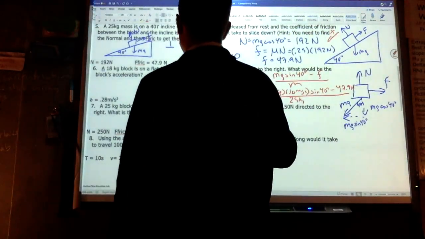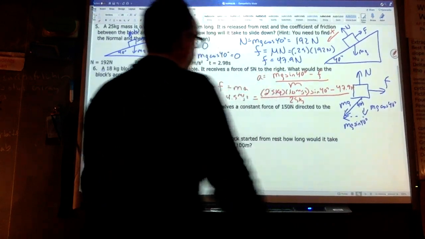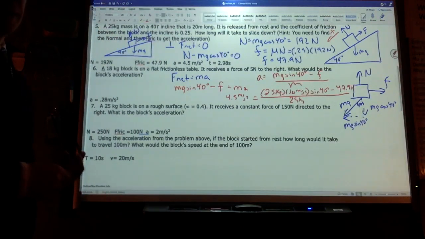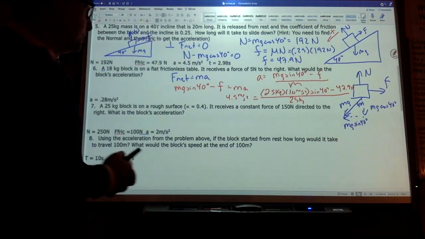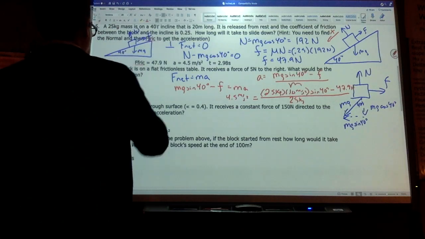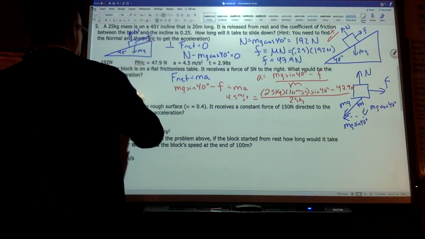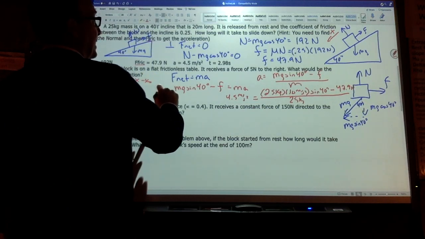And this gives me an acceleration that's 4.5 meters per second squared. Now, once I have the acceleration, I'm going to go back to the kinematics, and I'm going to say, okay, my initial velocity is 0, my acceleration is 4.5, my distance is 20.